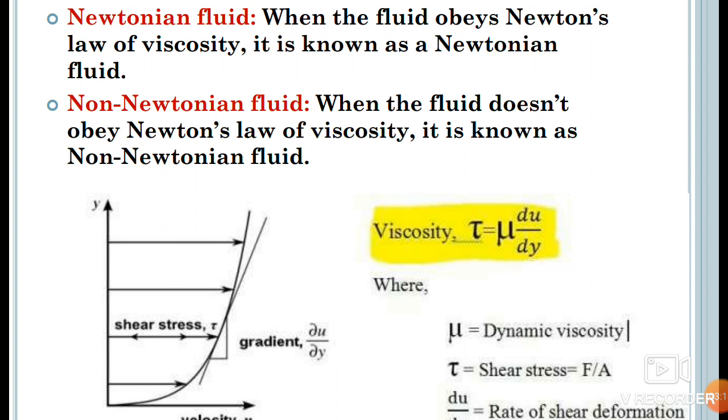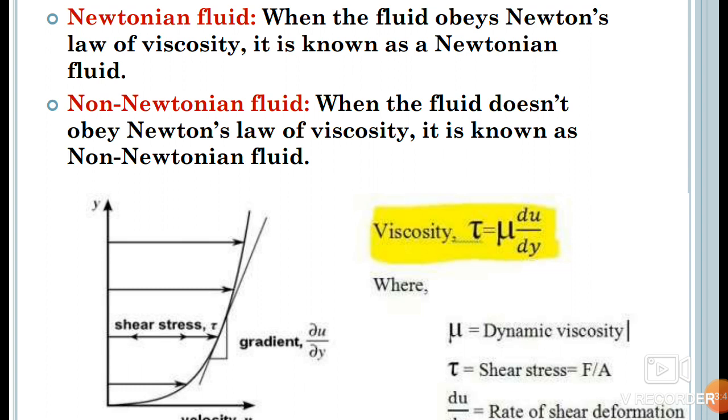For removing the proportionality, we are giving a constant here, the dynamic viscosity. So shear stress tau is directly proportional to du by dy, which is the rate of shear deformation. The constant is the dynamic viscosity mu. So this is known as Newton's law of viscosity.